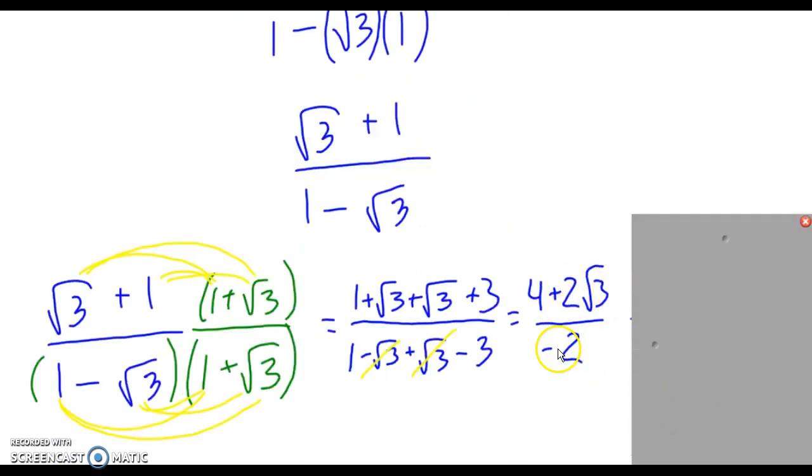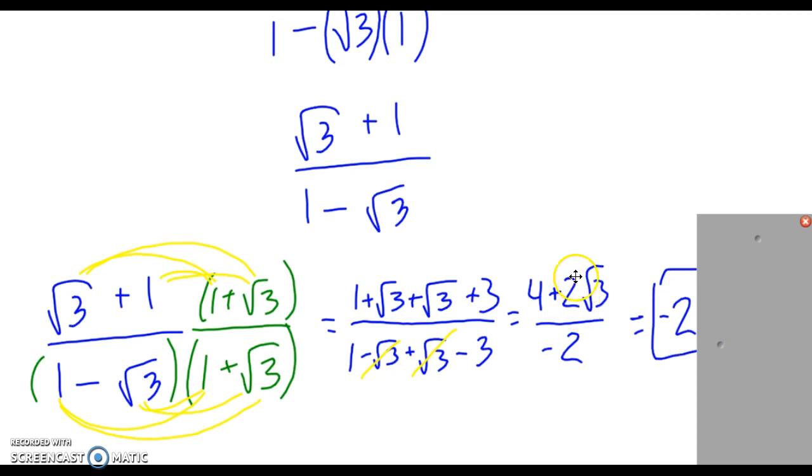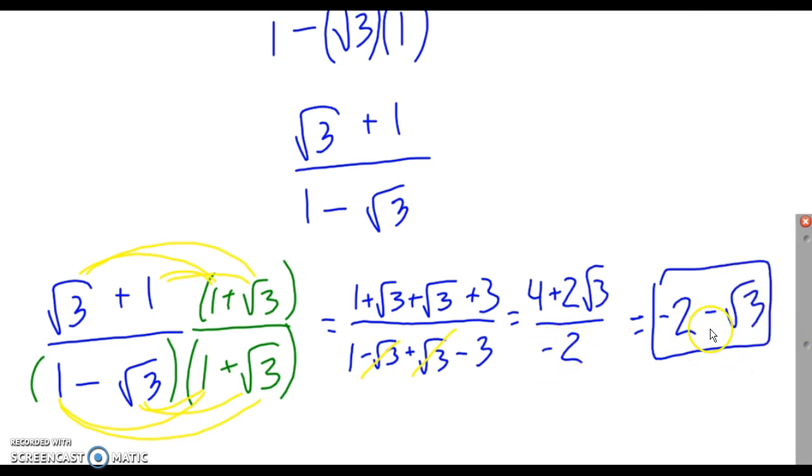Basically, I just divide the top by negative 2, which involves just dividing both things on top by negative 2. 4 divided by negative 2 is negative 2. And then here, this 2 root 3 divided by negative 2, I can just do 2 over 2 is 1, and then make it negative because I'm dividing by a negative, and I get minus square root 3.